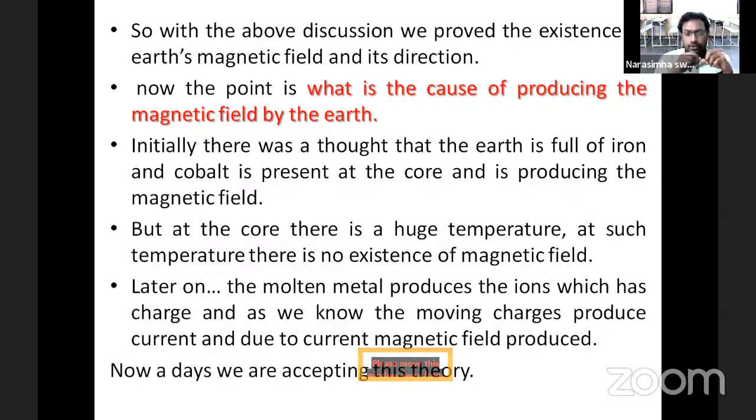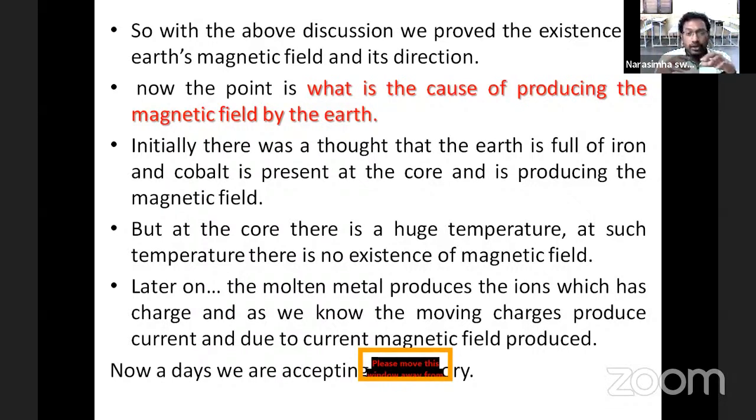That point needs to be remembered: at high temperatures, a material loses its magnetism. So at high temperatures there will be no existence of a magnetic field. Keeping this point in mind, another theory was involved: that molten metal produces ions.